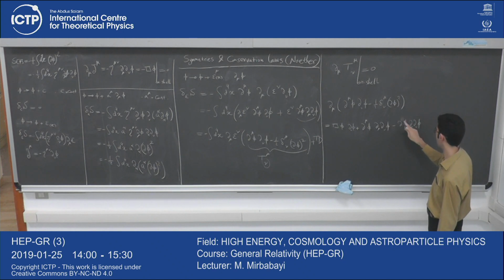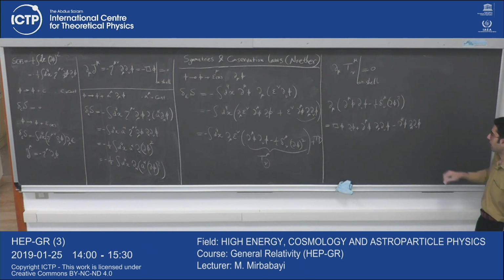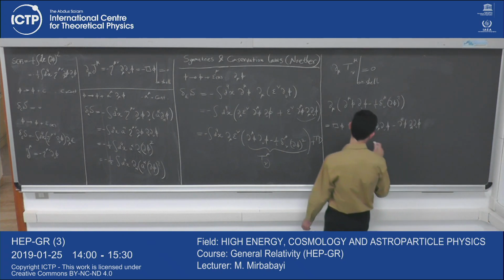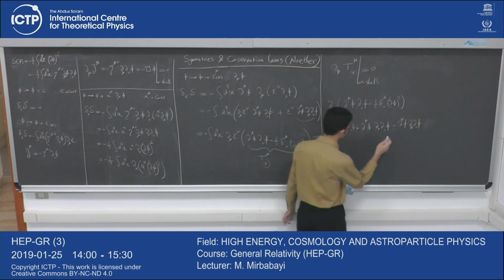These are dummy indices, so I can call them whatever. But these two terms are the same because the mu index here and alpha index there are summed over.